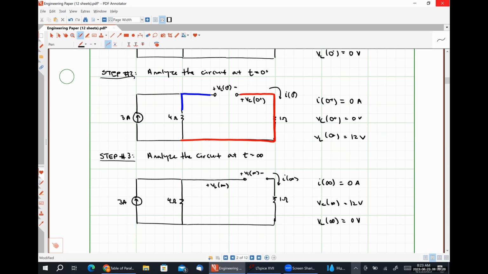So we have all of our parts, or the values for all of our parts, at t is equal to 0 minus, t is equal to 0 plus, and t is equal to infinity.